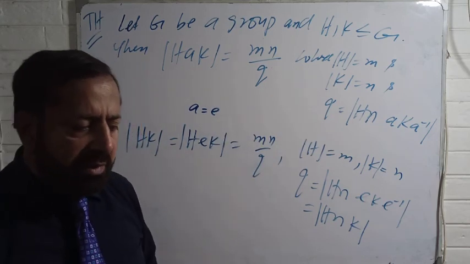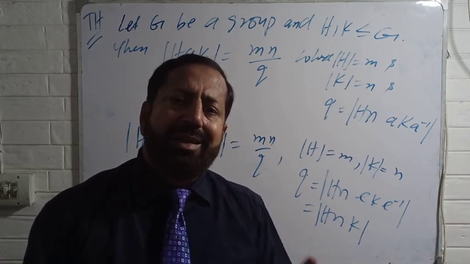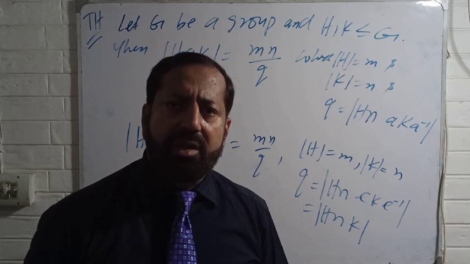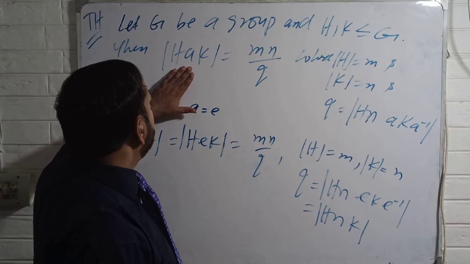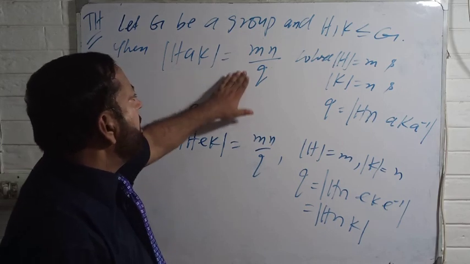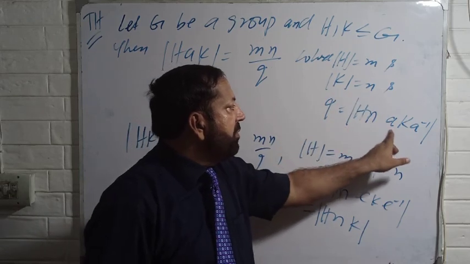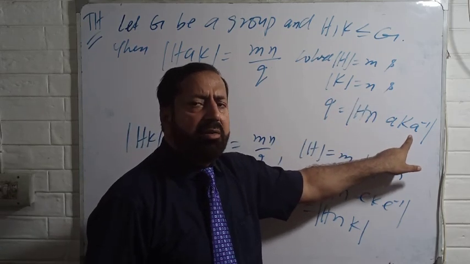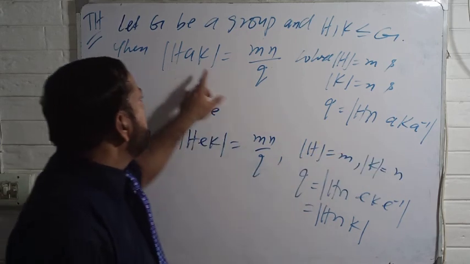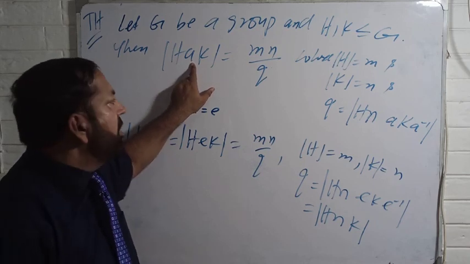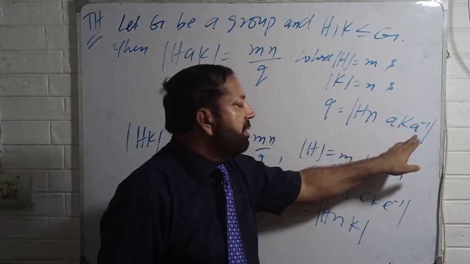So this is the more general result. Mean to say that whenever you want to find the order, the number of elements in a double coset modulo H, K, you have to use this theorem. So order of double coset modulo HK is equal to Mn by Q, where order of H is equal to M, order of K is equal to N. So for finding Q, first you find the conjugate subgroup to K, A K A inverse, and you will use the element A. If you want to find the order of HBK, you will use here B, B K B inverse.